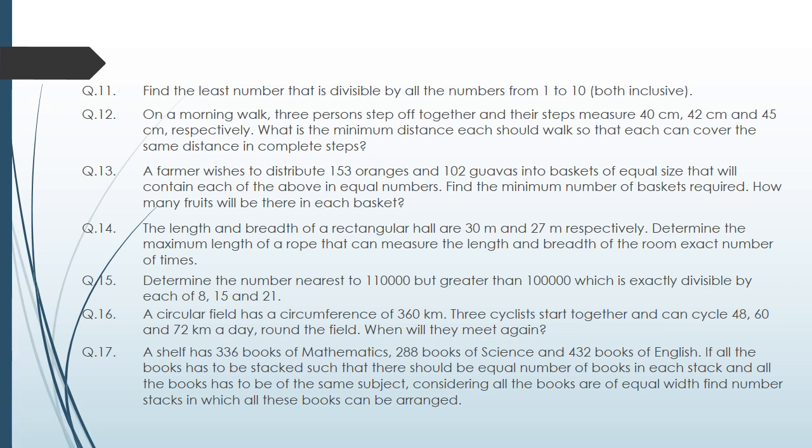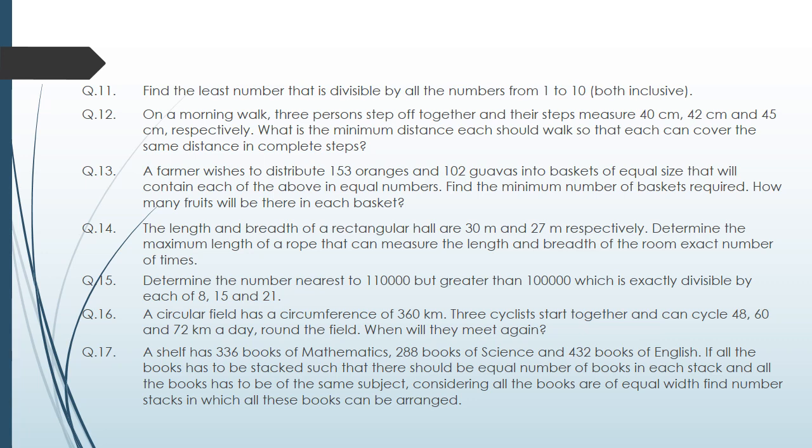If you subtract 250 from 1,10,000, you will get 1,09,750, which is the number nearest to 1,10,000 divisible by the given numbers. So three steps: LCM first, then long division to find the remainder, and third, subtract the remainder from 1,10,000.